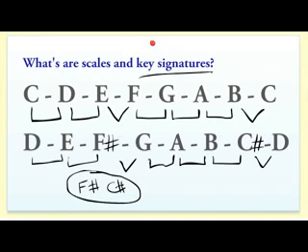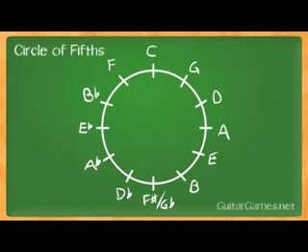If I say the key signature for the key of D is 2 sharps, F and C, then I know how to make the scale: put one of every letter name, and I adjust F and C. Alright, now how does this apply to our friend, the circle of fifths?